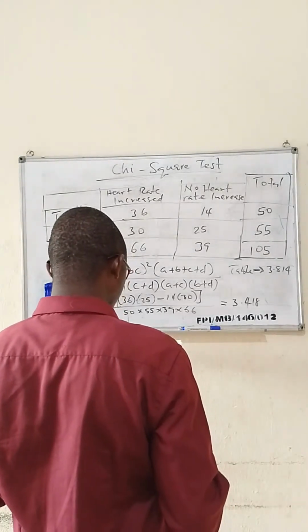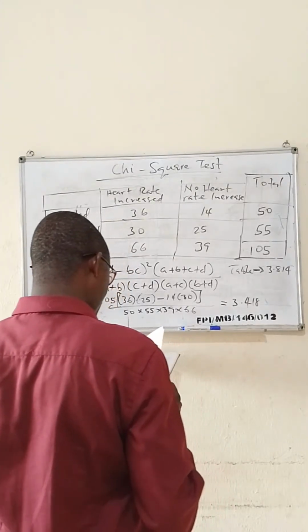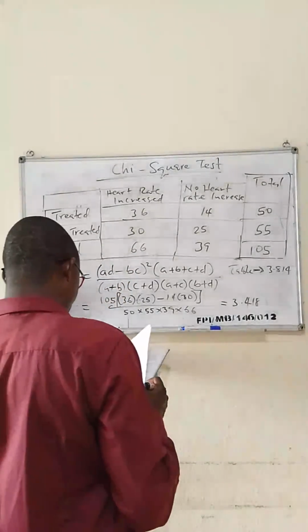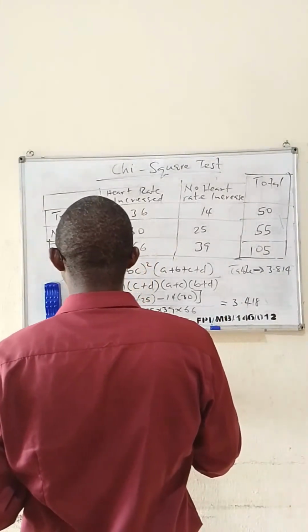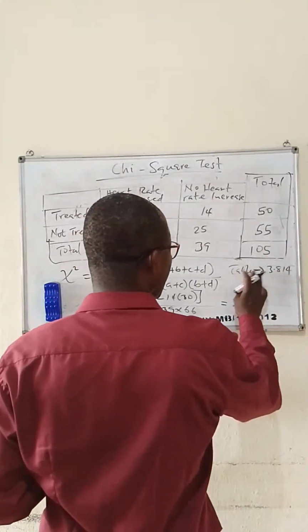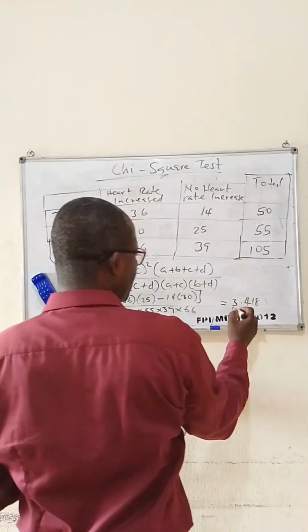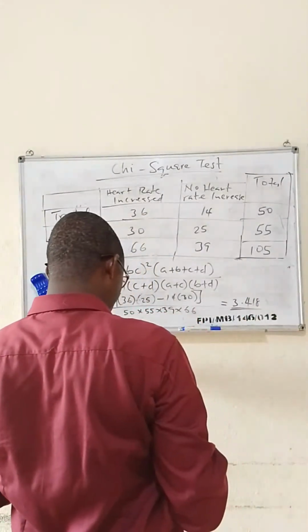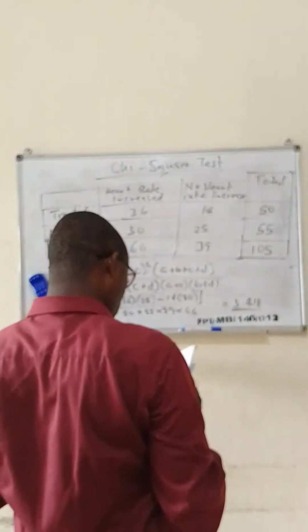So we can see that our p-value is greater than the 0.05 significance level. Okay, sorry, this is the calculated value 3.418, and the p-value is 0.065.